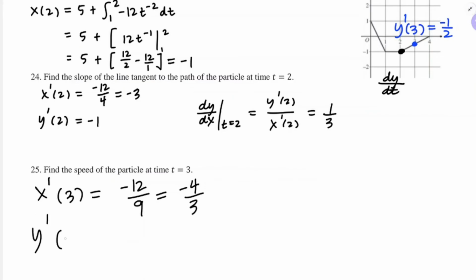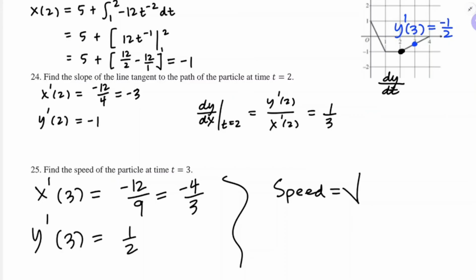Y prime of 3, I said, was negative 1/2. And then the speed, let me be clear about what I'm doing here. Speed equals the square root of (negative 4/3) squared plus (negative 1/2) squared.